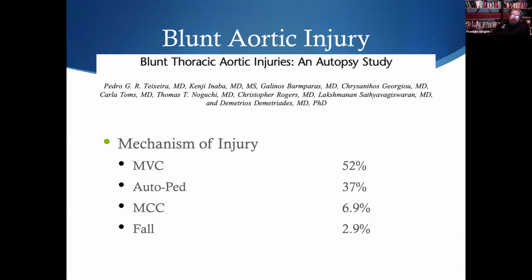So by nature of a patient showing up not in trauma arrest and having an aortic injury, that aortic injury almost by definition is contained in some way. And so then our job is to not break what the patient's body is trying to keep contained.